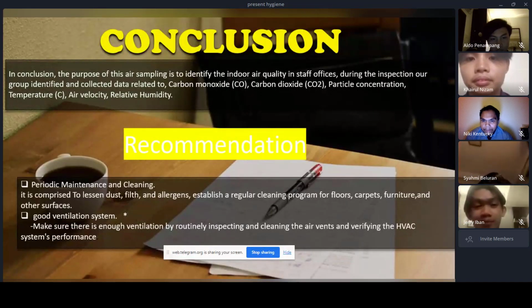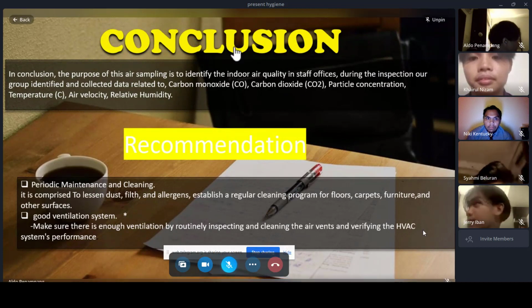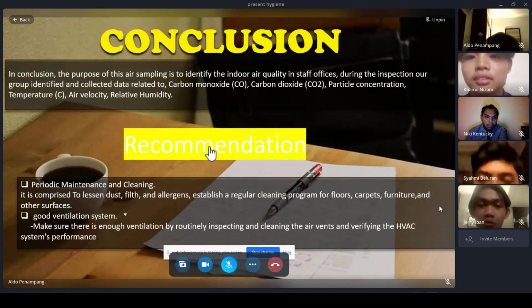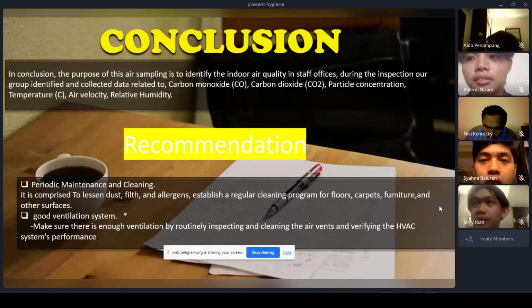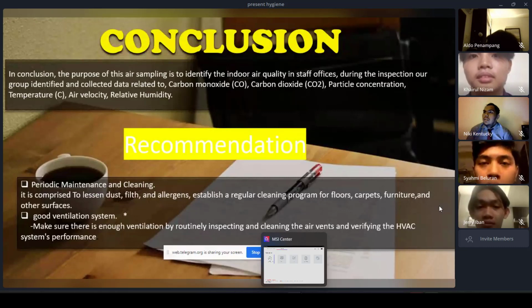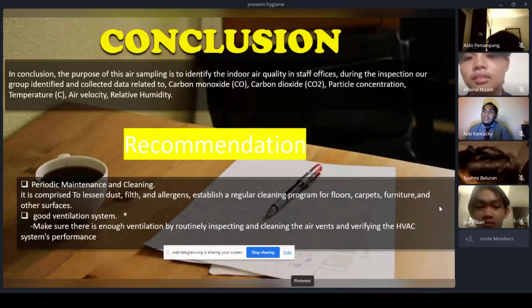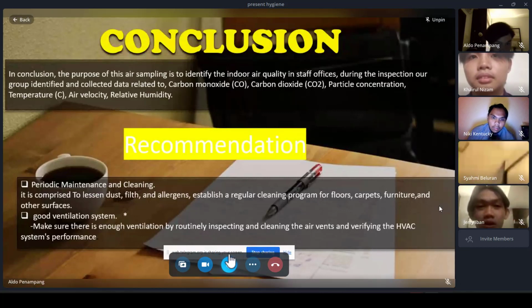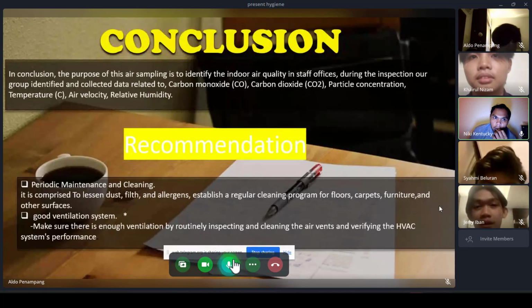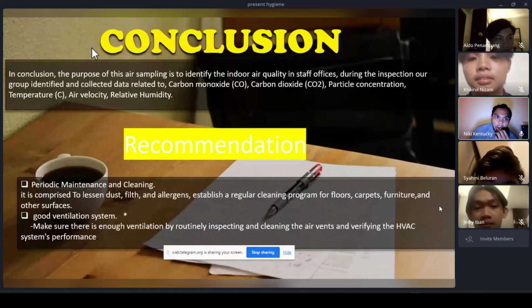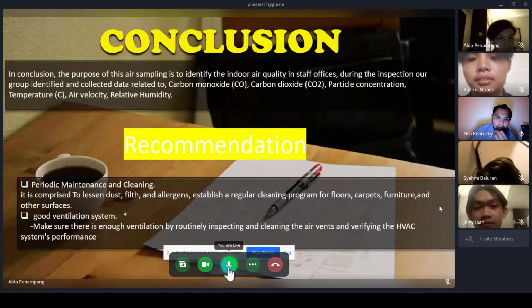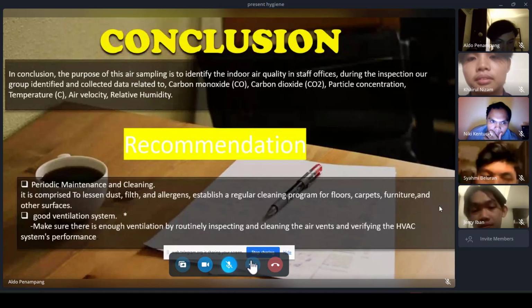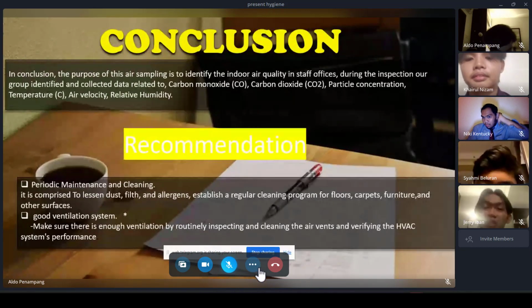Explains the conclusion. In conclusion, the purpose of this air sampling is to identify the indoor air quality in the STAAR office. During the inspection, our group identified and collected data related to carbon monoxide, carbon dioxide, particulate concentration, temperature, air velocity, and relative humidity.